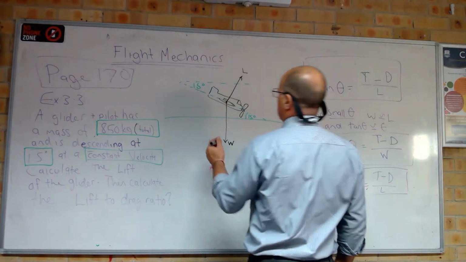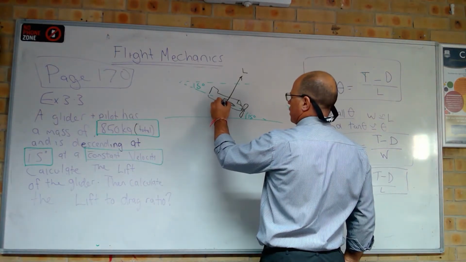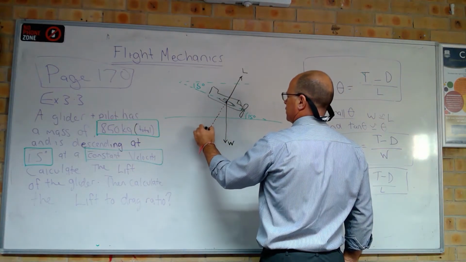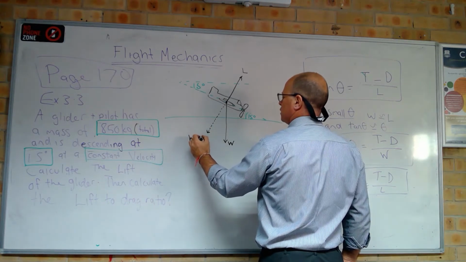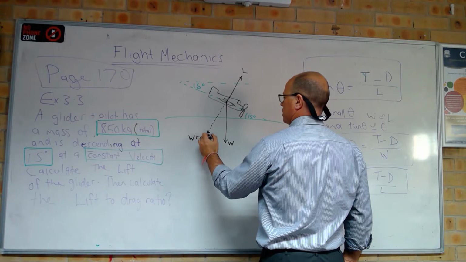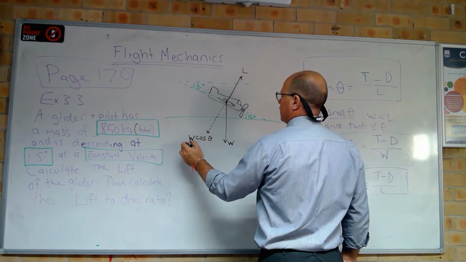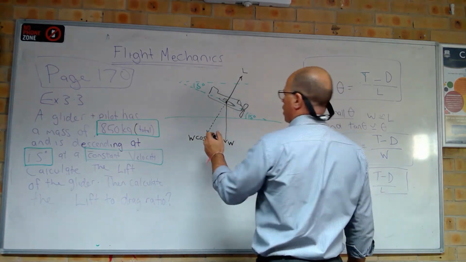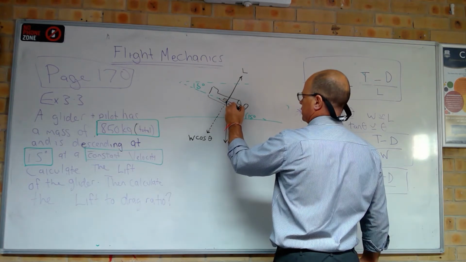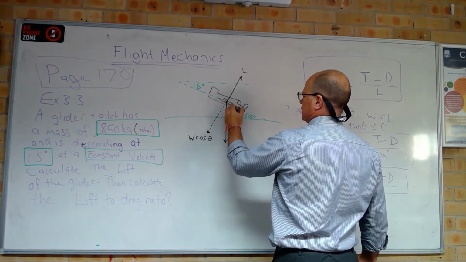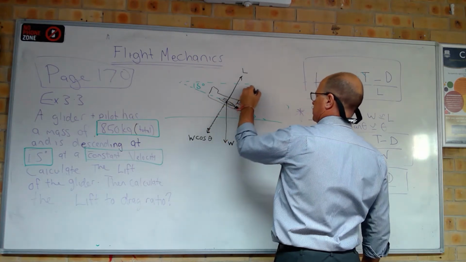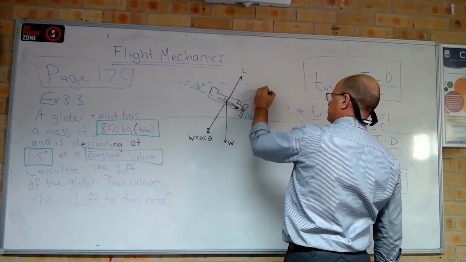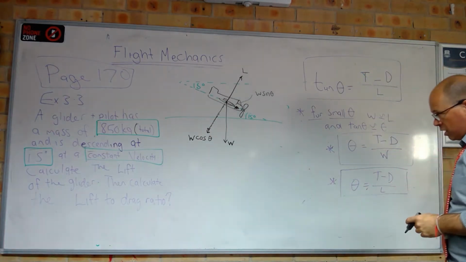So we know that this component of the weight going this way is equal to W cos theta. And we know that this force going this way is W sine theta, okay?